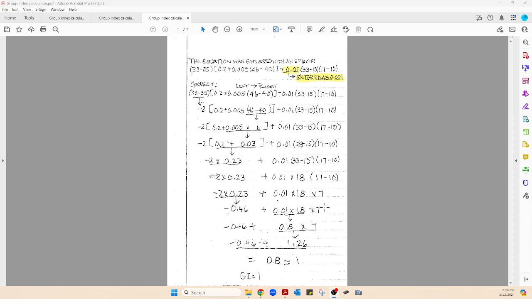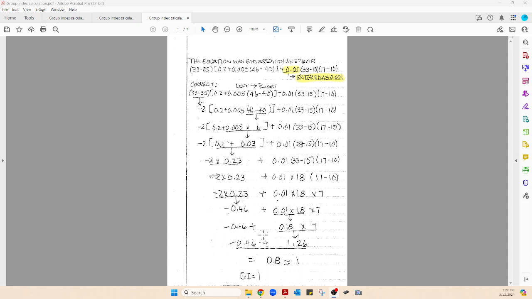So this times 7 is 1.26, and you bring it down with the 0.46 added to it, because see, we multiplied 2, even though it's a negative, 2 times 0.23, and we're bringing these down, got the 0.46, bringing this down, and we got a minus 0.46.